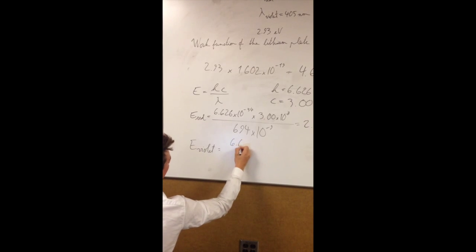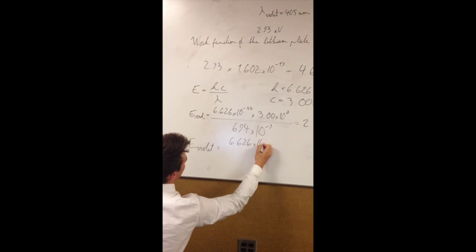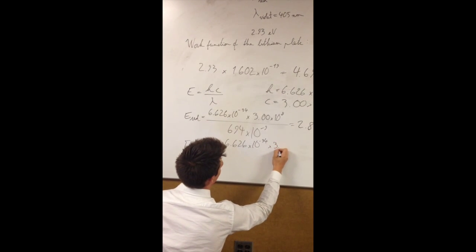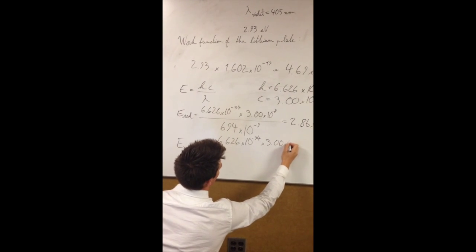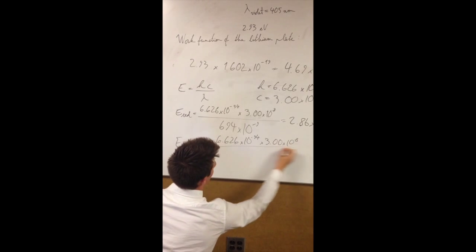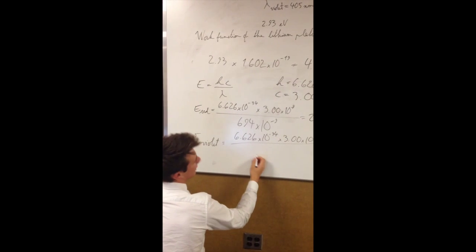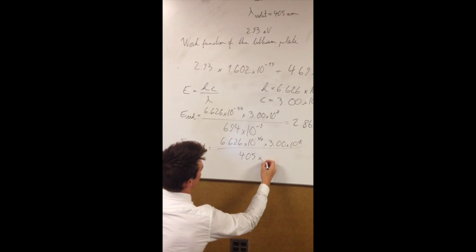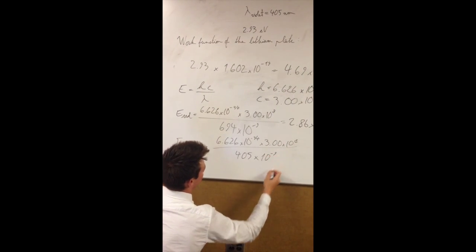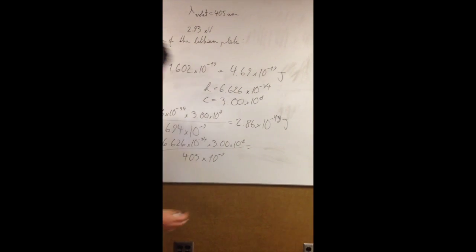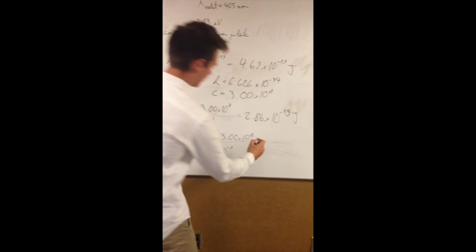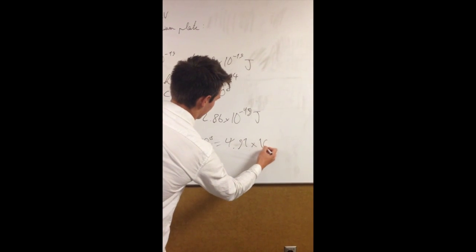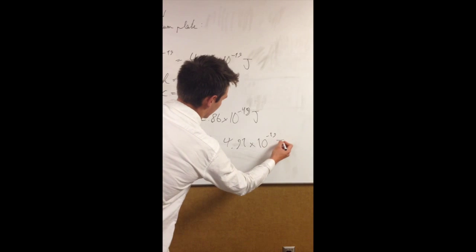So the same constants, and then a different value at the end. And then this is going to give us 4.91 times 10 to the power minus 19 joules.